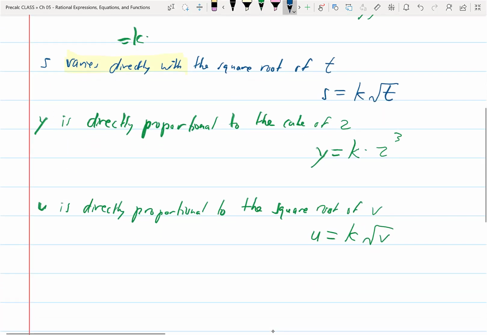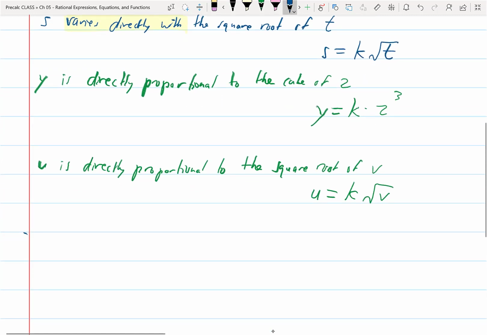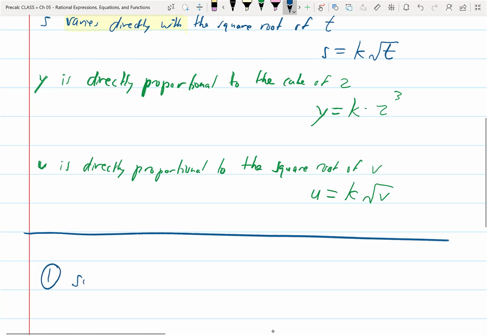So this can lead us to some things that we solve. And let's set up a little bit of some problems we can do with this. So number one, suppose y varies directly with x.